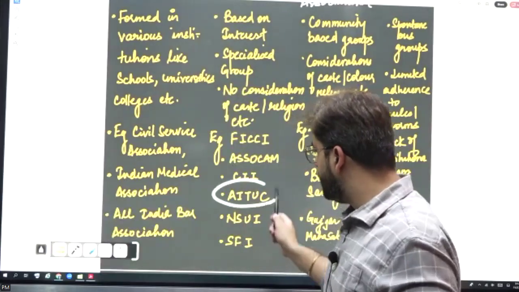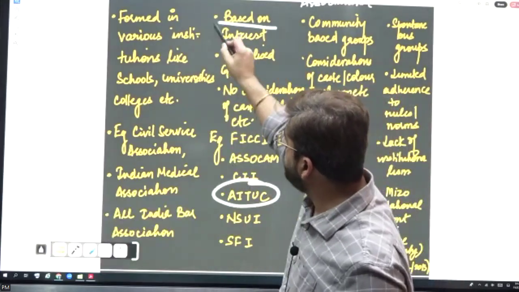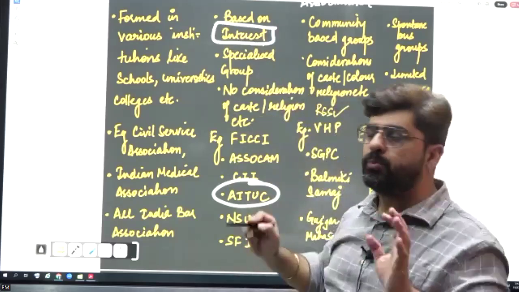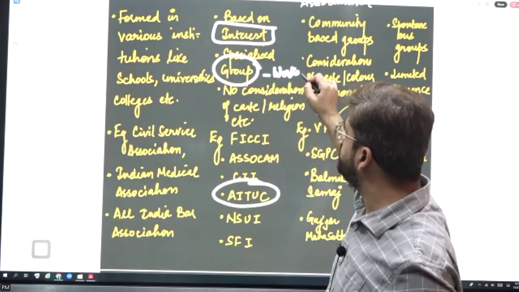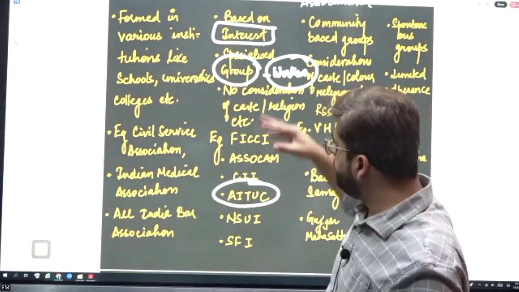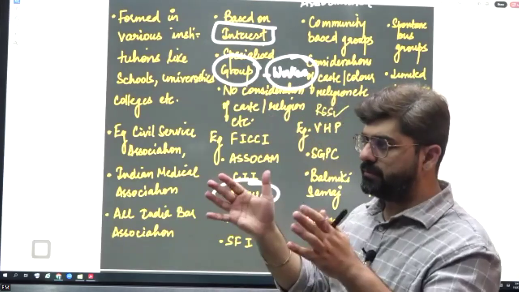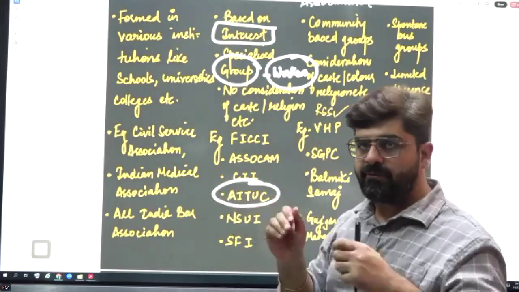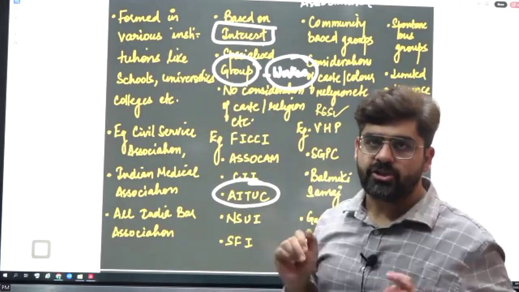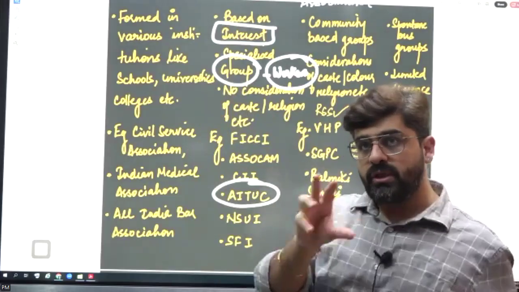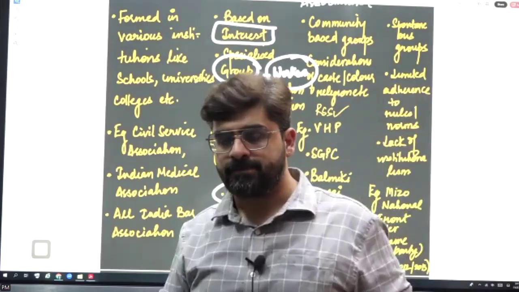So here there is an interest of a particular group, that group is workers. If I have a group of workers fighting for their own rights, I'll call that pressure group associational, because it is a group only of workers. Nobody else can come.